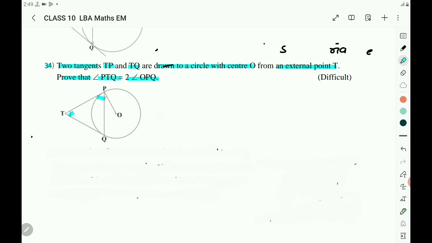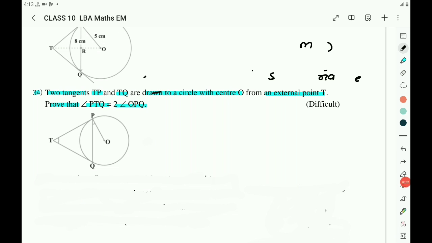This angle TPQ becomes common for TPO. Angle TPO is 90 degrees. 90 minus angle TPQ is equal to angle OPQ.